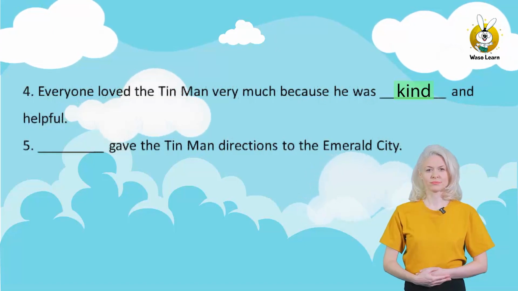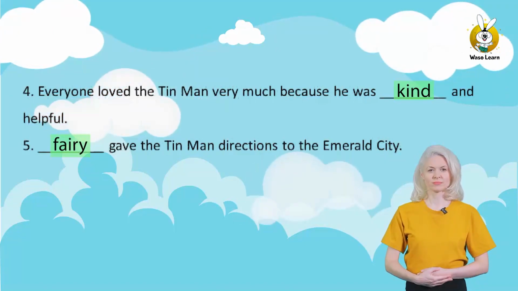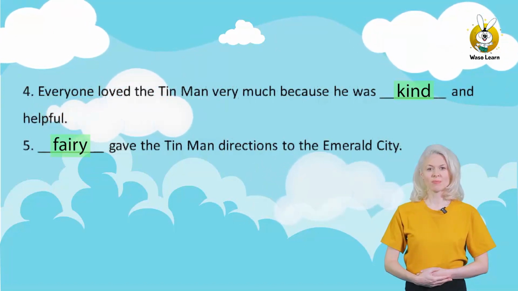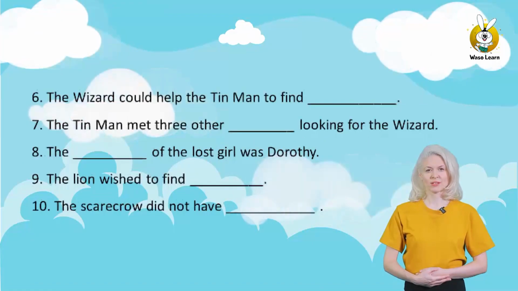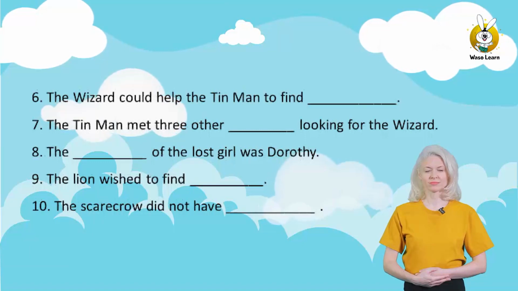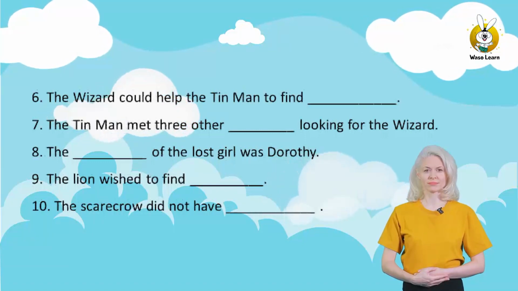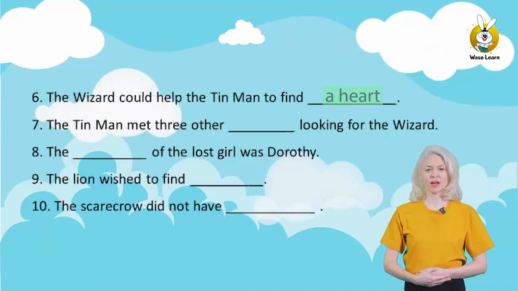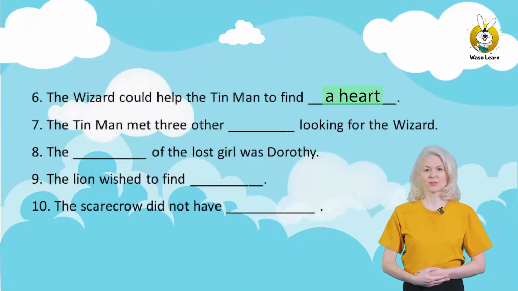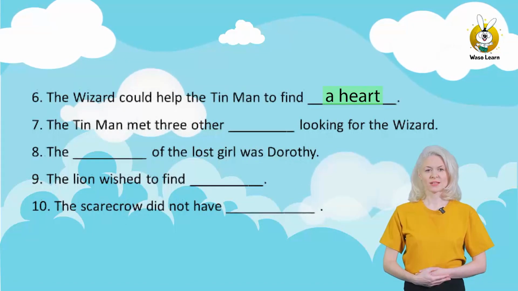5. The fairy gave the Tin Man directions to the Emerald City. 6. The wizard could help the Tin Man to find a heart. 7.